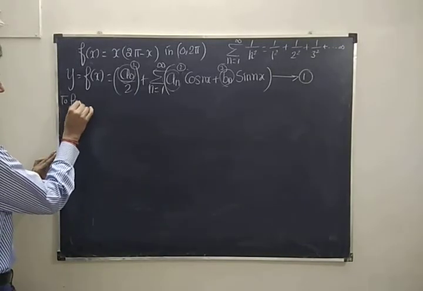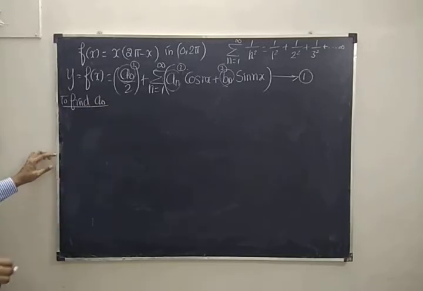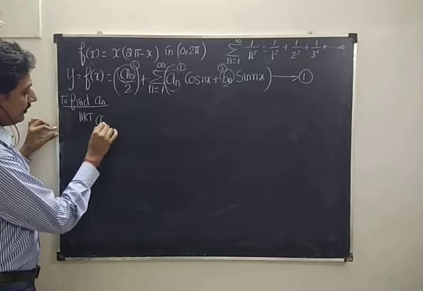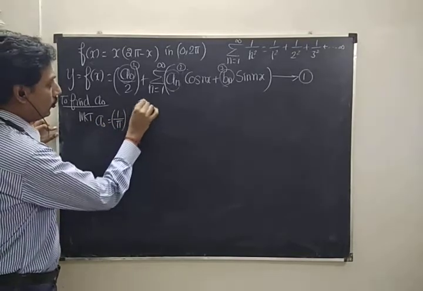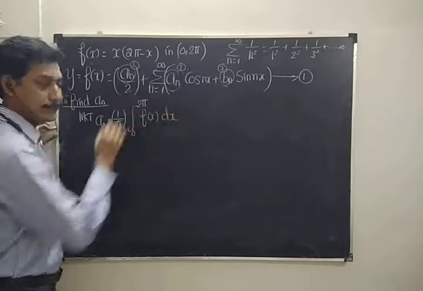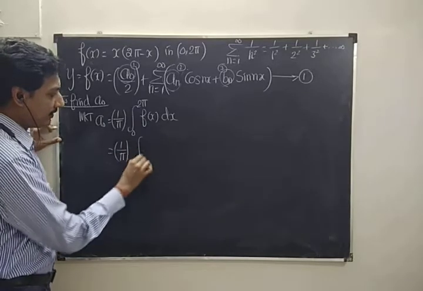So we need to go for the first one, a naught. The a naught formula is 1 by pi integral 0 to 2 pi f of x dx. What is my f of x here?